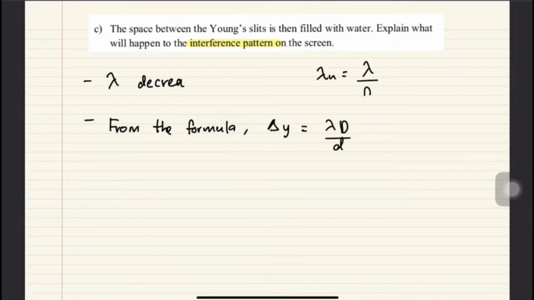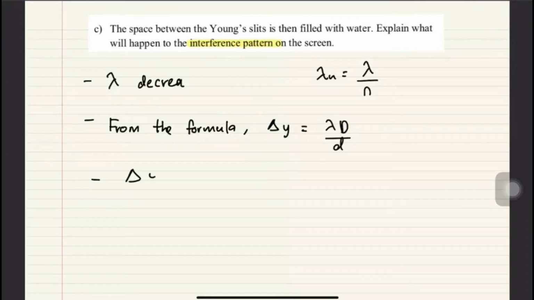If the question asks you to describe the pattern, you have to use this formula. You don't use y m equals m lambda D over d or m plus half. You use this one.